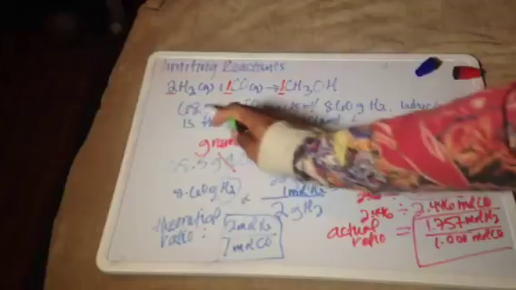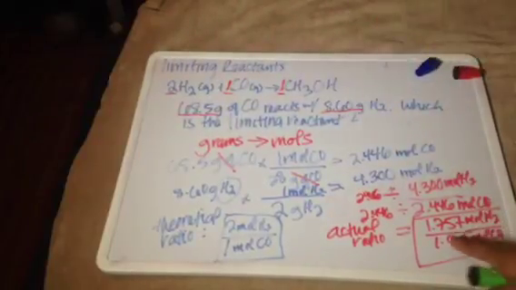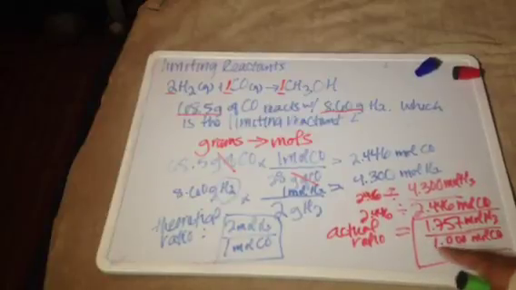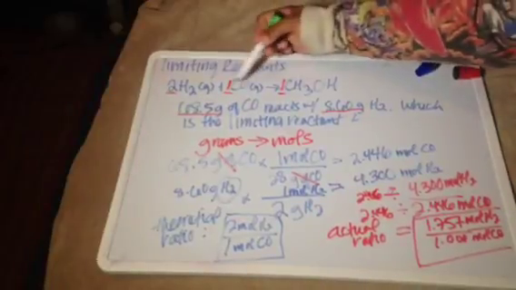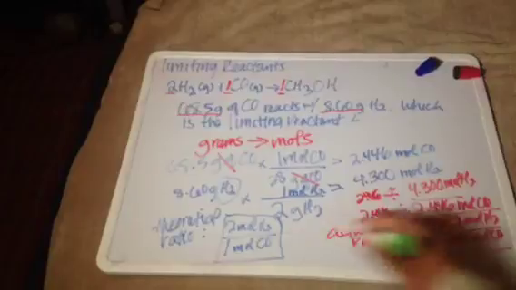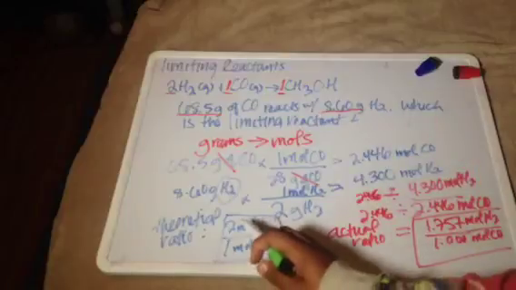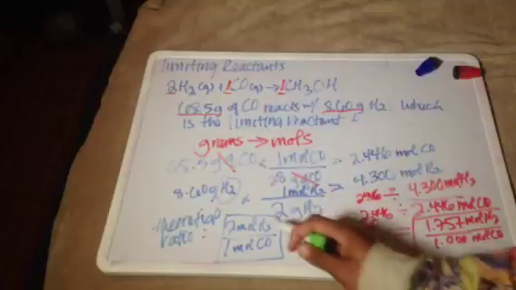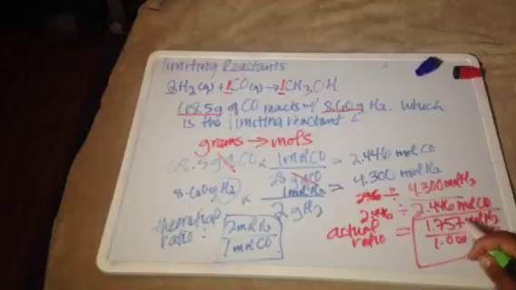But here, based on the numbers that are provided here, we only get 1.757 moles of hydrogen per 1 mole of carbon monoxide. Now, the carbon monoxide is just fine. We get what is expected from our theoretical. However, we don't get the 2 moles of hydrogen that is required to react with the 1 mole of carbon monoxide. We get 1.757.